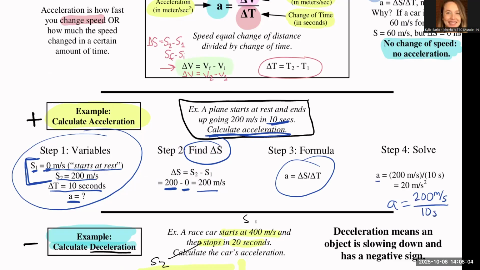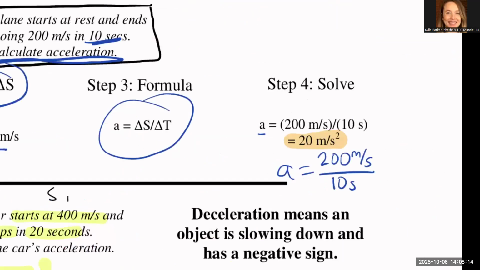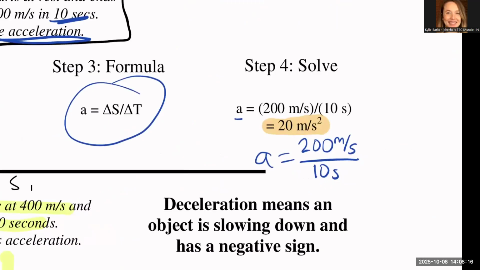That's our delta T. And you can see, obviously, they have the answer here for us on this one. So this is just an example. You would get 20. And then just like with meters per second, when we were solving our speed formulas, and we saw this example last week too, meters per second squared comes from the division of these units happening.